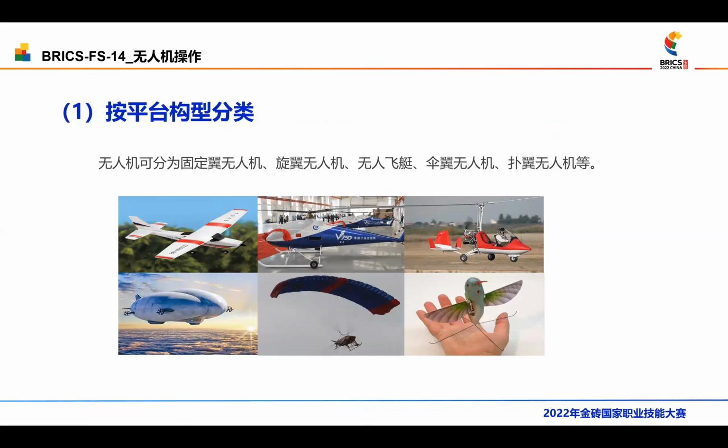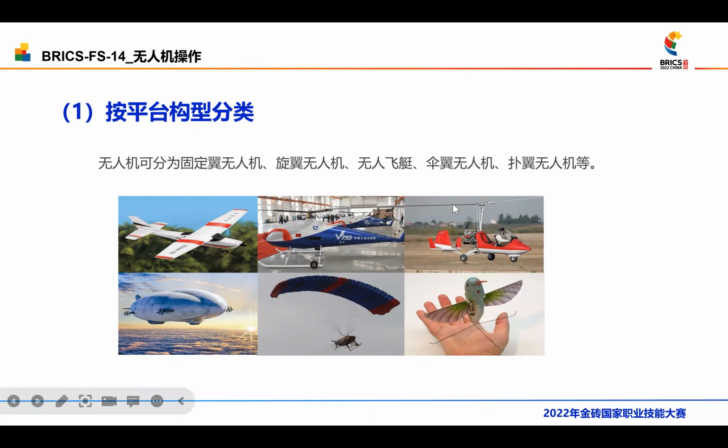Because of the pressure difference between the upper and the lower layers, buoyancy is generated, enabling the power parachute to glide, climb, and stay in the air.